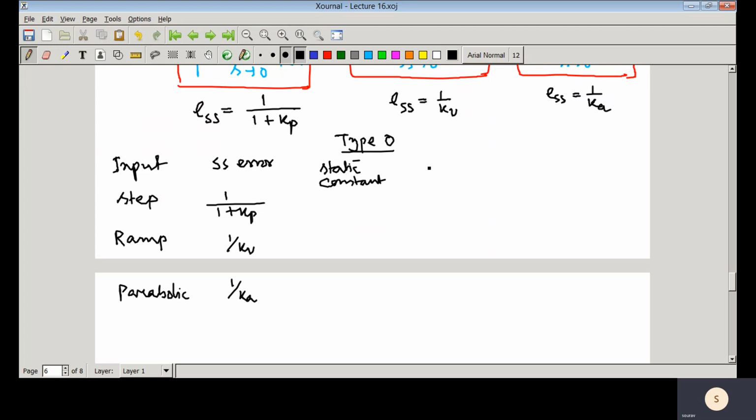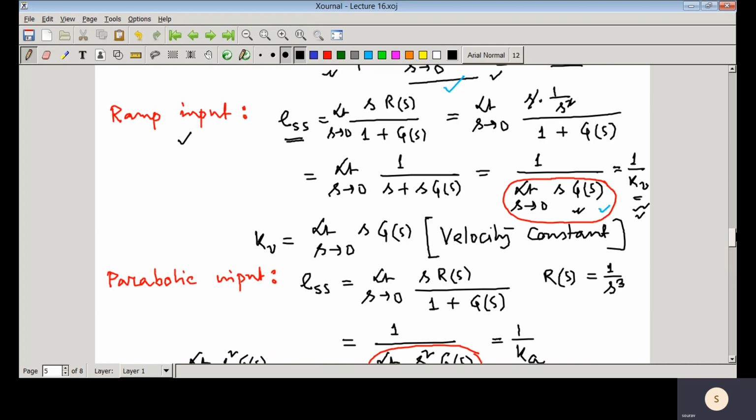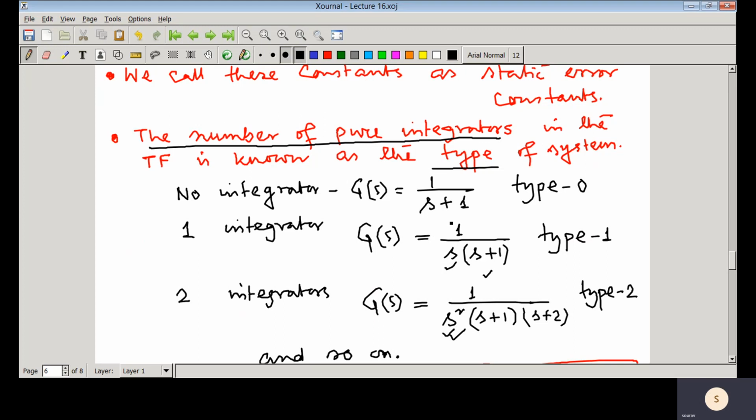Static constant means the position, velocity, and acceleration constants, and the steady state error. So for a step signal, and whenever type 0, if you look here, this is a type 0 transfer function.